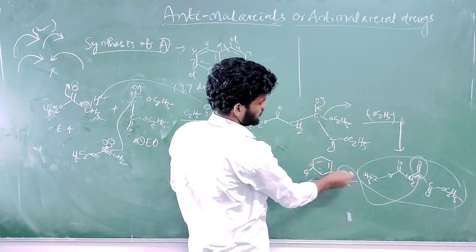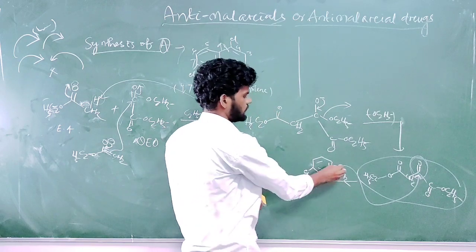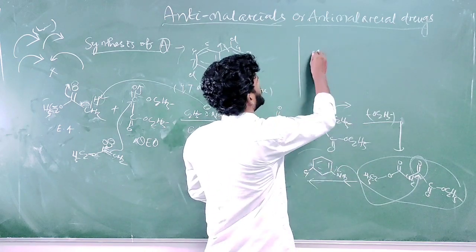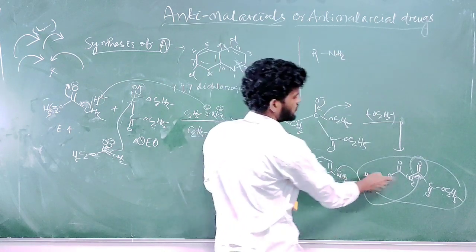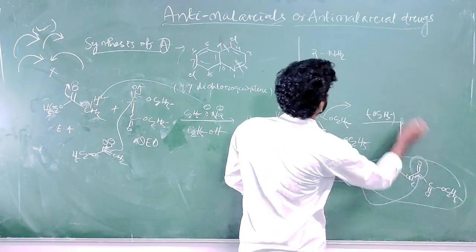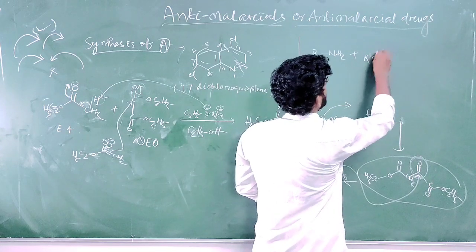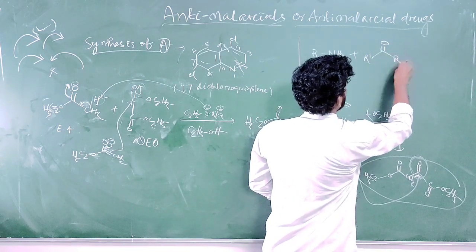Let us suppose we take this group as RNH2, any primary amine, reacting with any carbonyl group. For the rest of the part I take R' carbonyl, then R''.